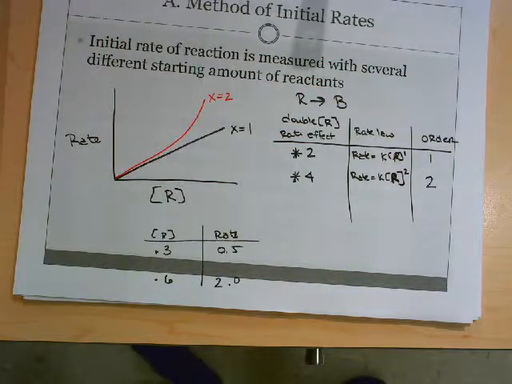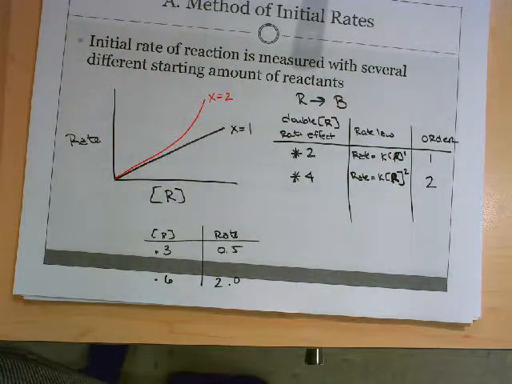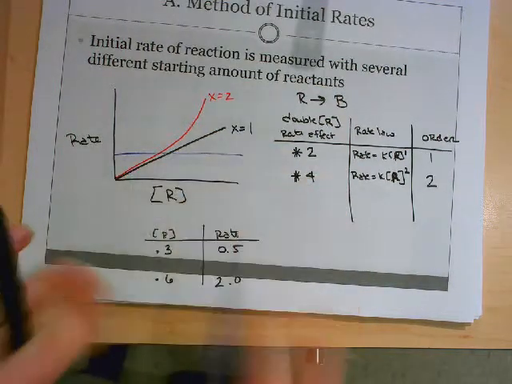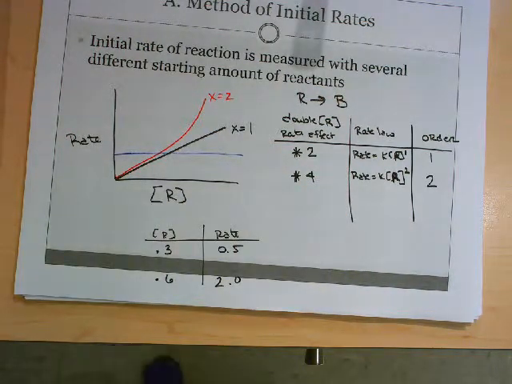We're going to do one other one. It's going to seem like a trick. Ready? What if I have a straight line all the time? Regardless of what I did to the concentration, the rate stayed the same. What should the exponent be then?